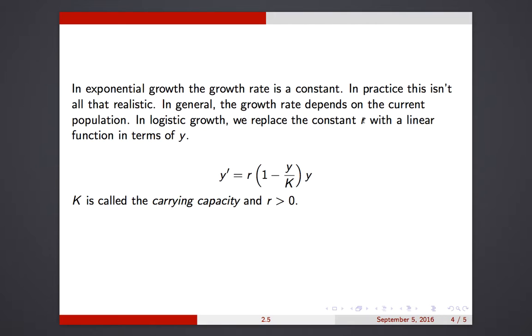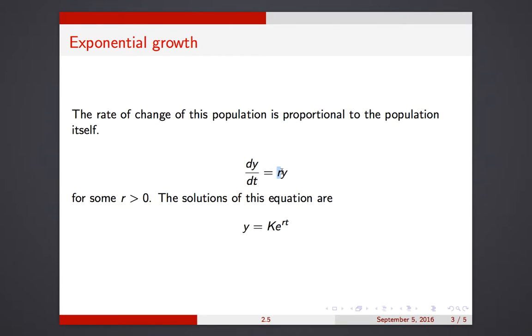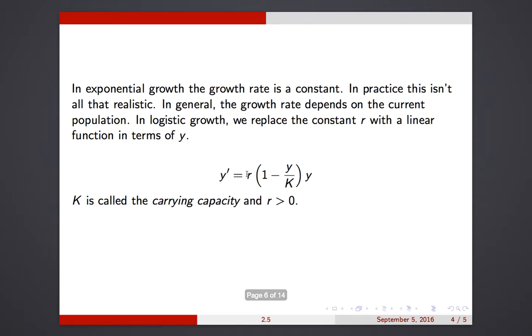It's now a function of the current population. So now we have a linear function here, a coefficient of y, as opposed to a constant times y. The idea is, suppose it's not constant, what's the next step up? The next kind of function up from a constant function is a linear function.